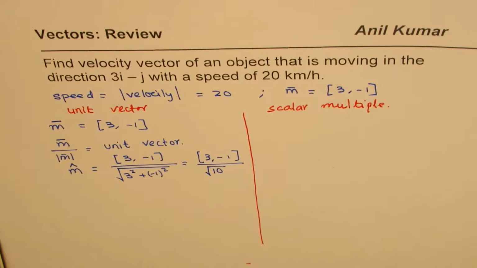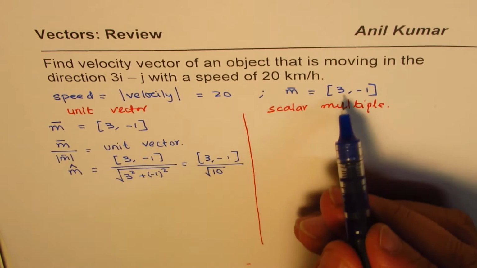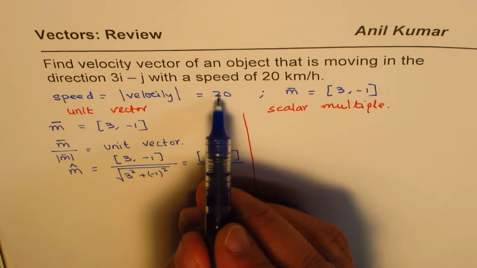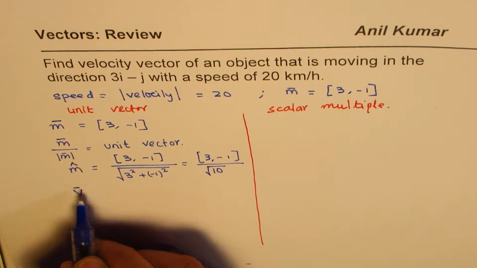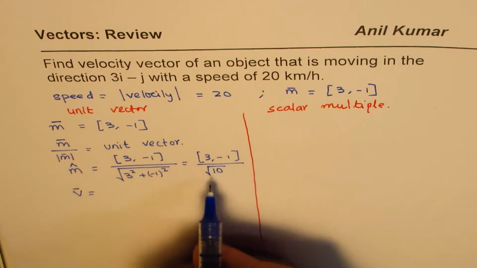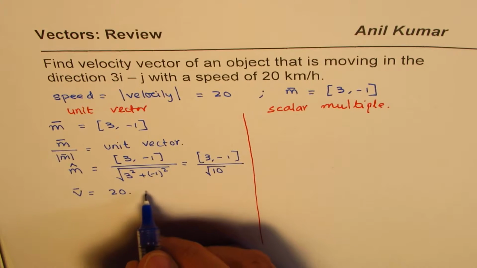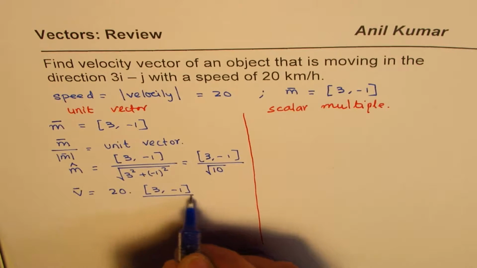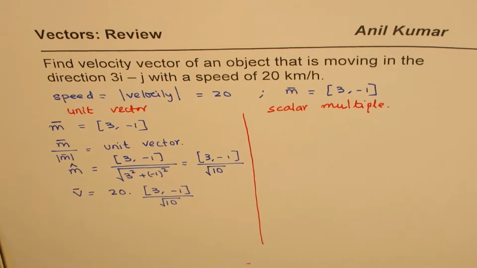So that gives you the unit vector. It is in the same direction, but the magnitude is 1. For velocity we need a magnitude of 20, so the velocity vector will be 20 times the unit vector, which is 20 times (3, -1) divided by the square root of 10. So that becomes the velocity vector.